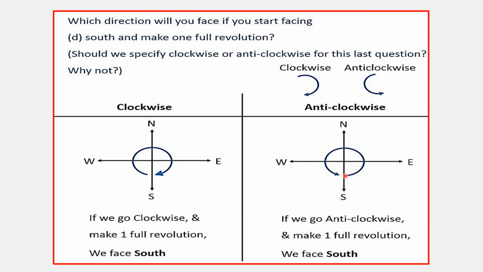So again you are coming back to the south, right? So should we specify clockwise or anti-clockwise for this question? No need, because the answer is the same, because you are taking one full revolution. Again you are coming to south. If you are moving anti-clockwise, you can see here again you are coming back to the south direction. You are facing the south direction only.